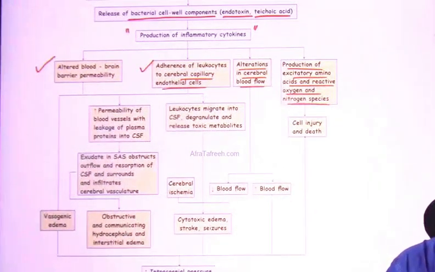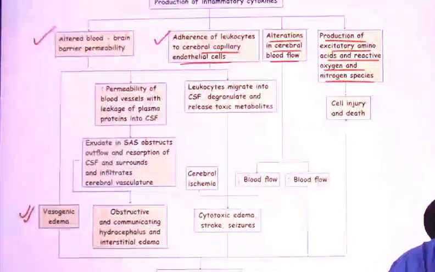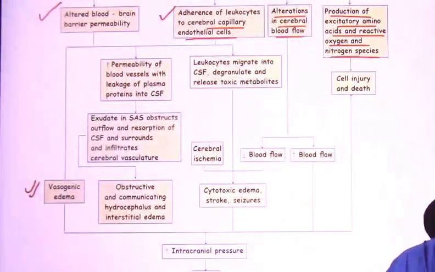By this altered blood-brain barrier permeability, what happens mainly is vasogenic edema, along with increased permeability of the blood vessels with leakage of plasma proteins into the CSF. Why do we always say that in various meningitis there is an increase in plasma proteins?